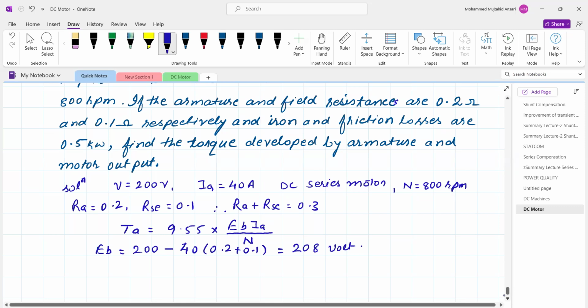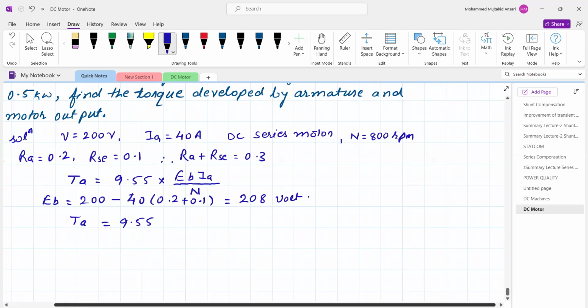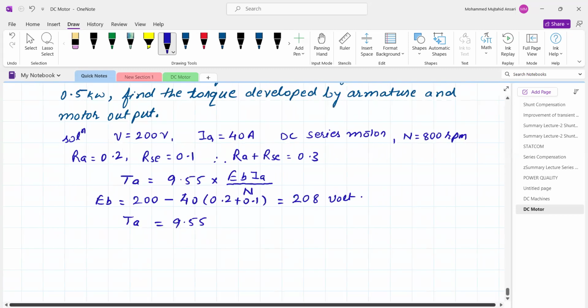Therefore, torque TA equals 9.55 into back EMF 208 multiplied by the armature current 40, divided by the speed, which is given as 800 RPM.